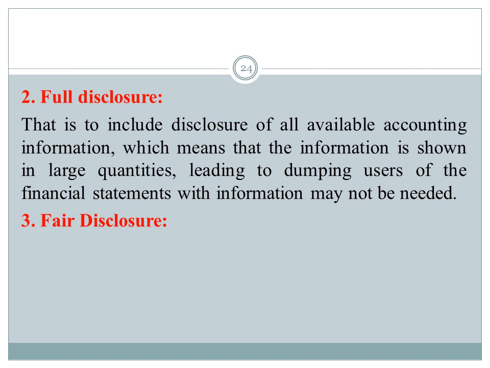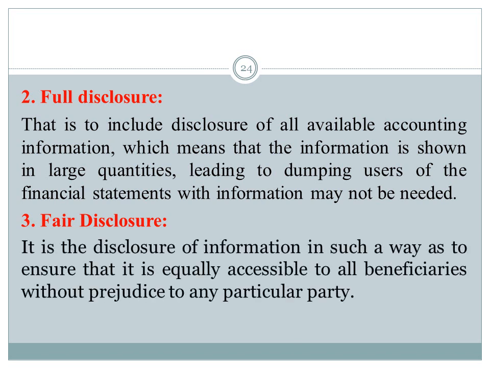Third, fair disclosure. It is the disclosure of information in such a way as to ensure that it is equally accessible to all beneficiaries without prejudice to any particular party.